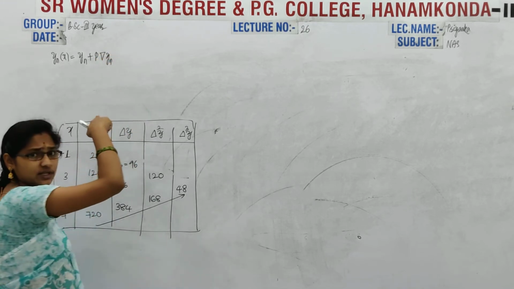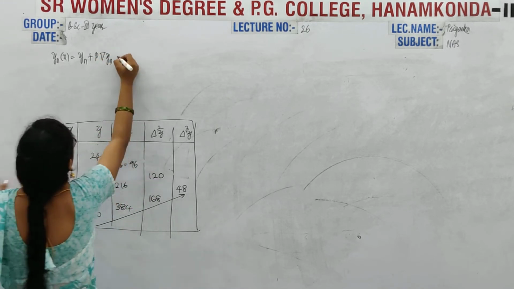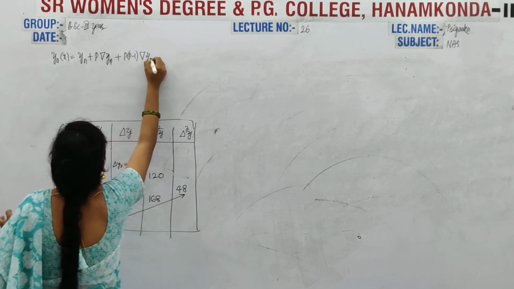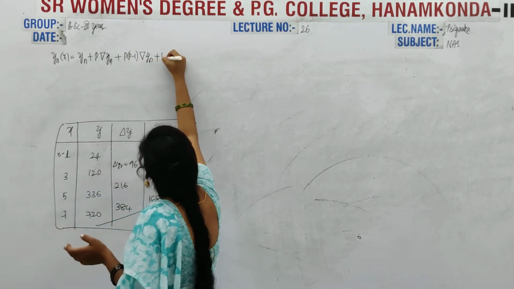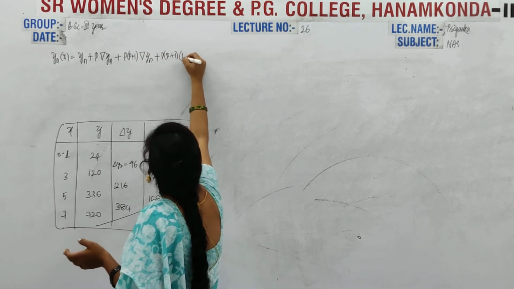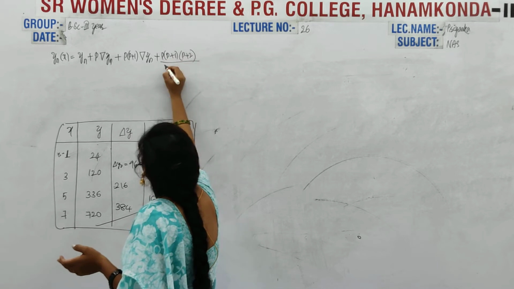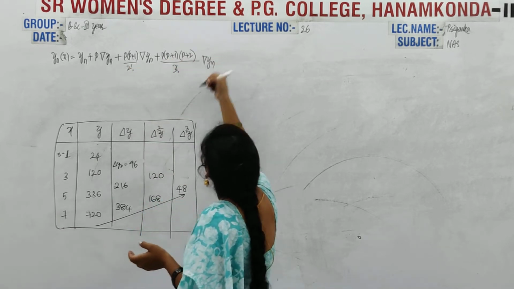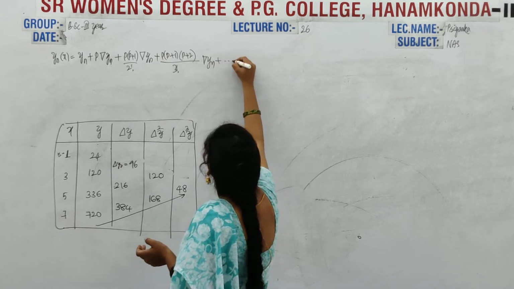Okay, in the backward formula, plus p into p plus 1 into del yn squared, plus p into p plus 1 into p plus 2 by 2 factorial, 3 factorial, backward operator, plus so on.